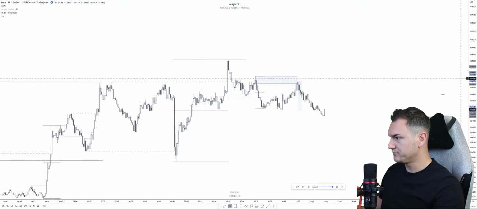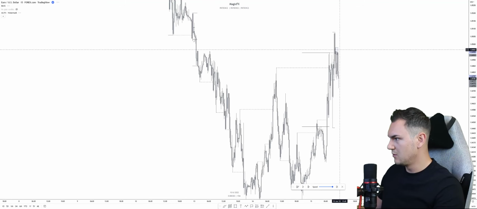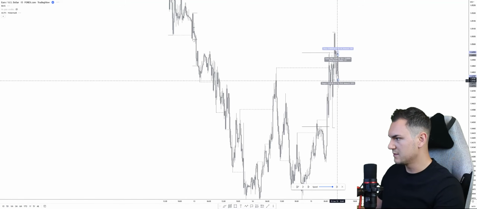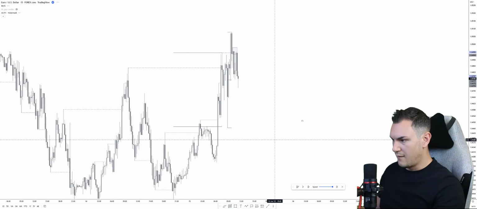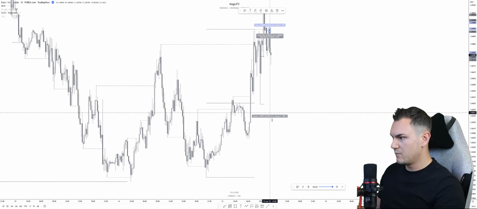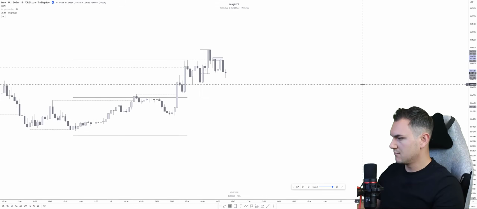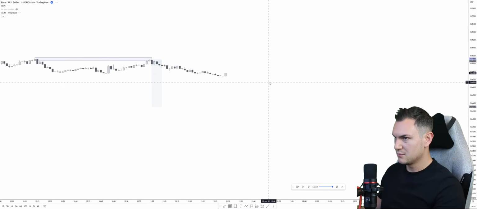Then for a higher target, what I'd be looking at would be a valid zone in the 15-minute premium or discount. So a nice 28R I would be absolutely over the moon with.